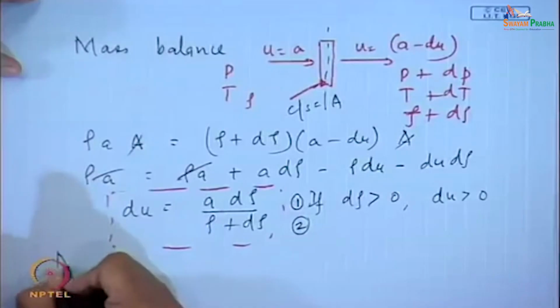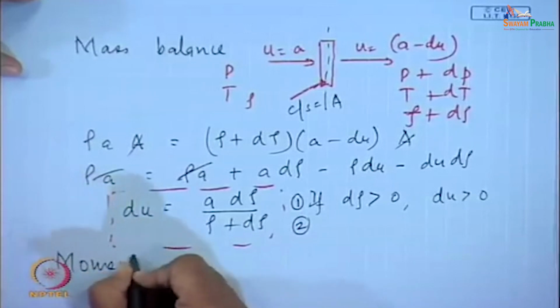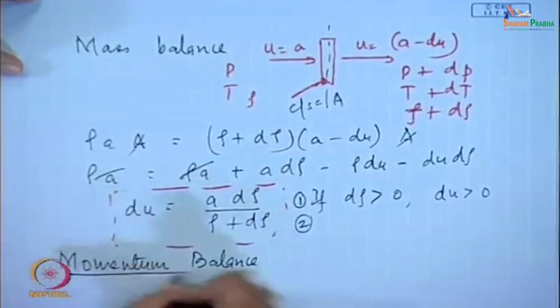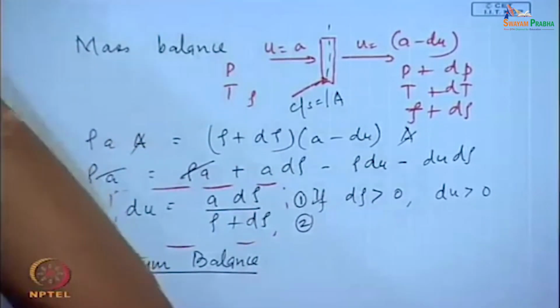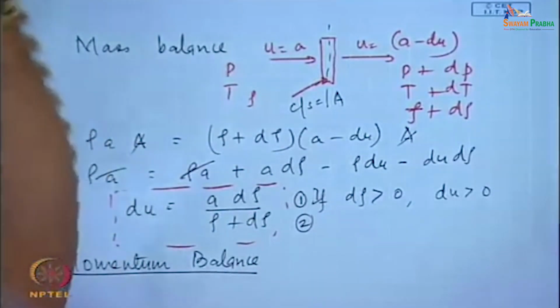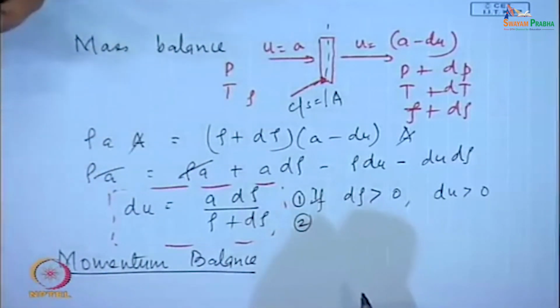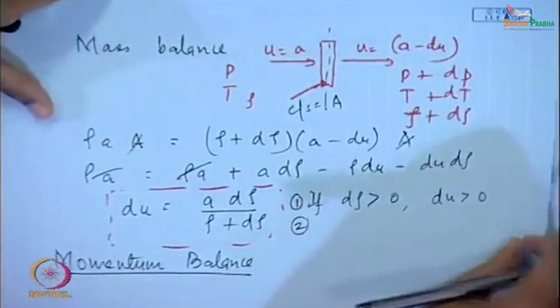Now, let us take up the momentum balance, and we can do it on this particular page as well. If we perform the momentum balance, what do we get? Momentum in, force in minus force out equals the rate of accumulation of momentum.